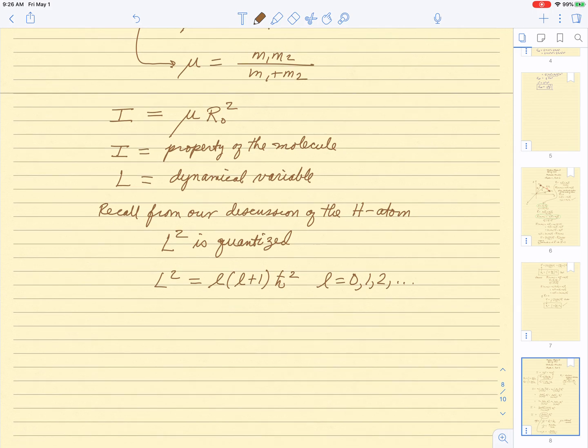and this then is going to relate to the rotational angular momentum of a diatomic molecule.